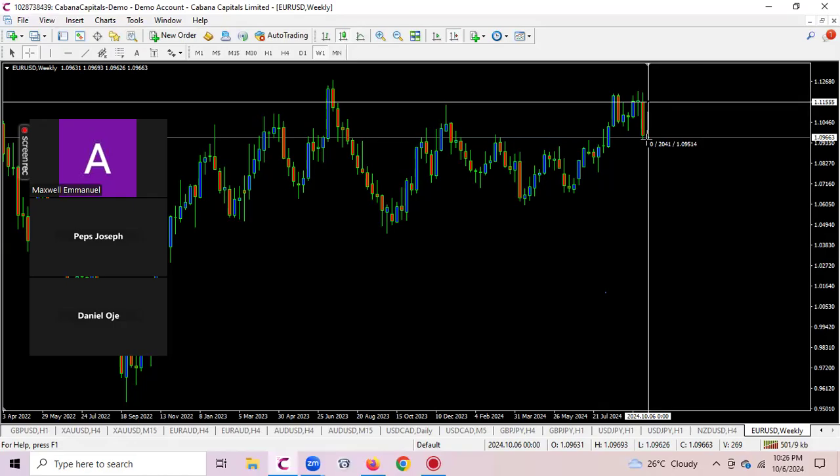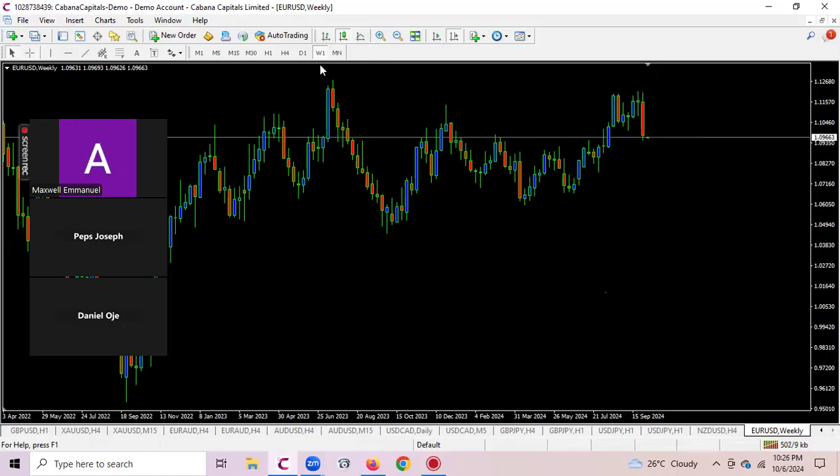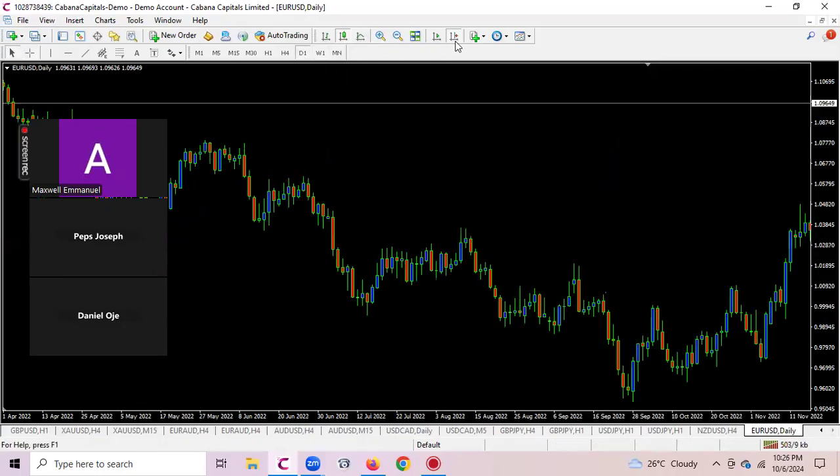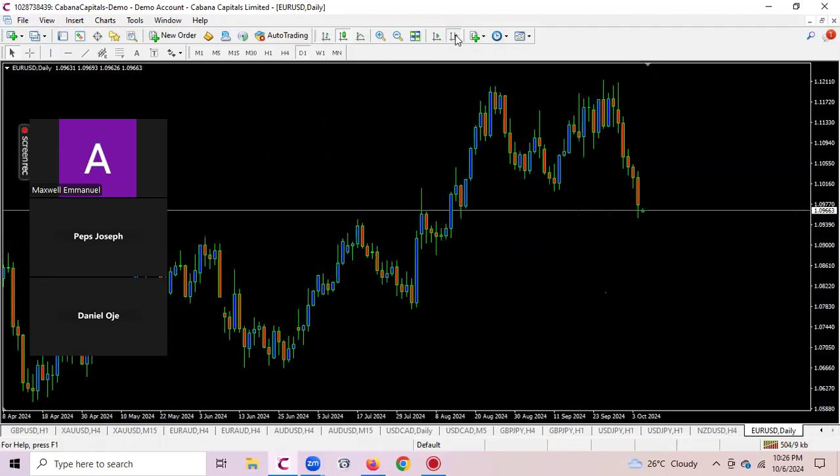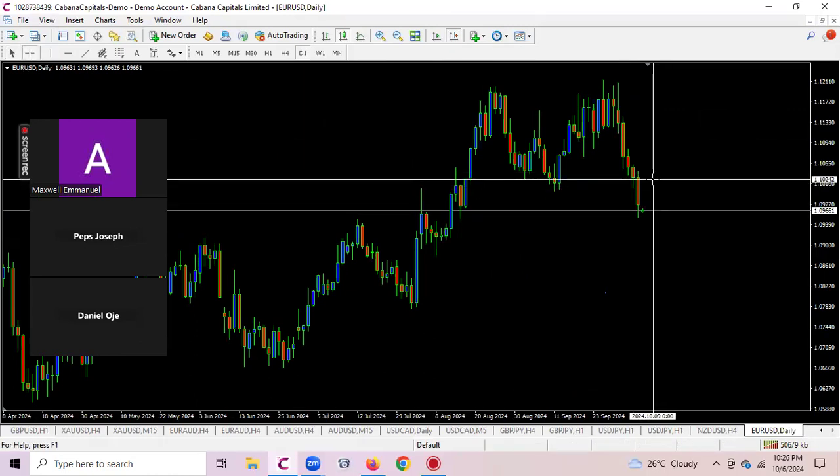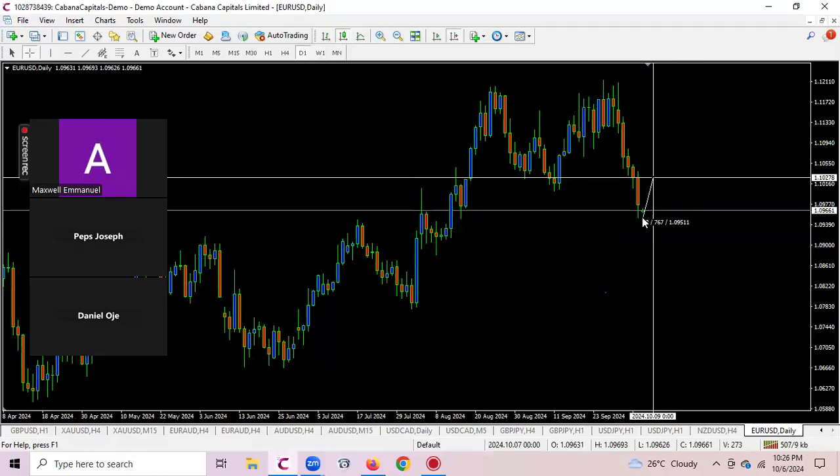Last week, EUR/USD did over 204 pips bearish. I think the largest move was on Friday. Okay, this is daily. You can see Monday, Tuesday, Wednesday, Thursday, Friday. Friday was 75 pips.